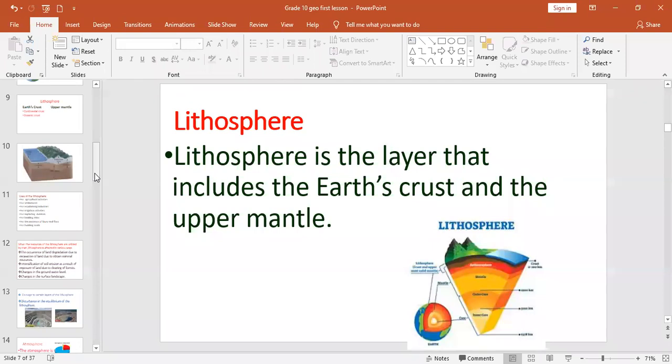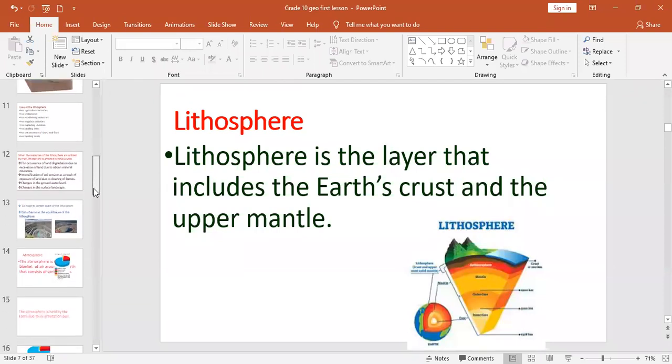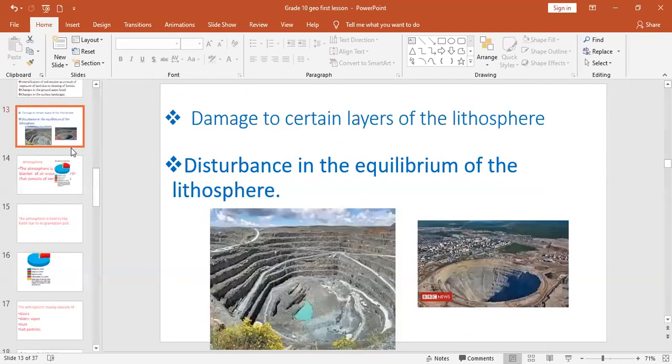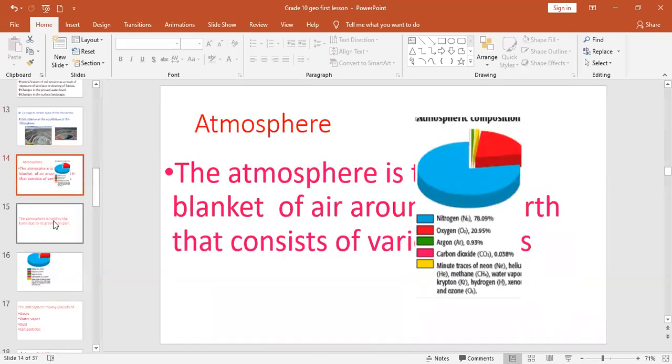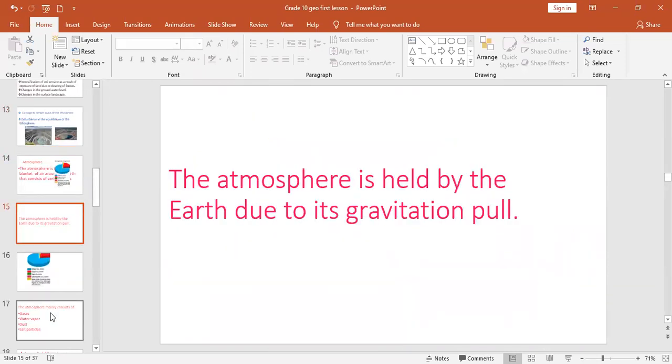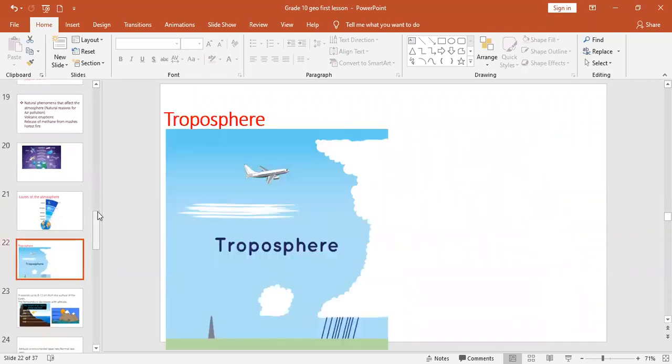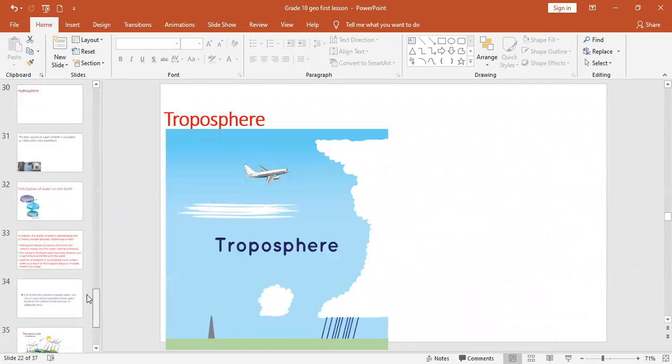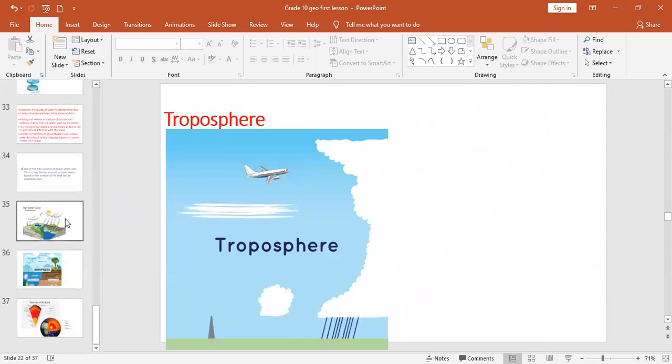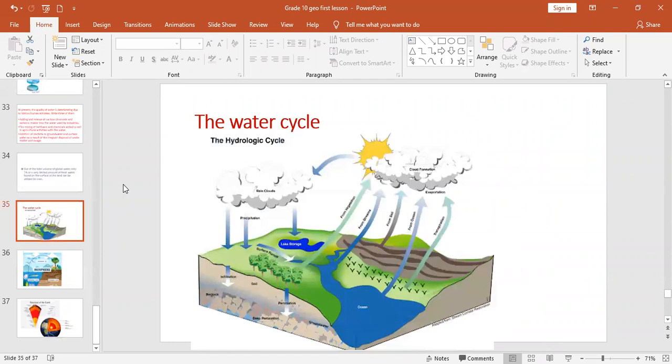Lastly, we discuss the hydrosphere, and we discuss the water cycle.